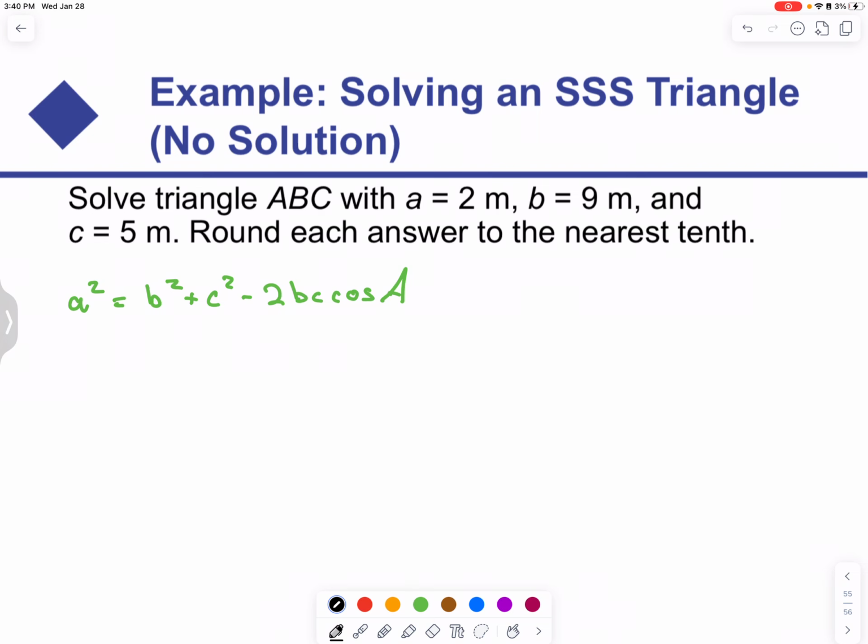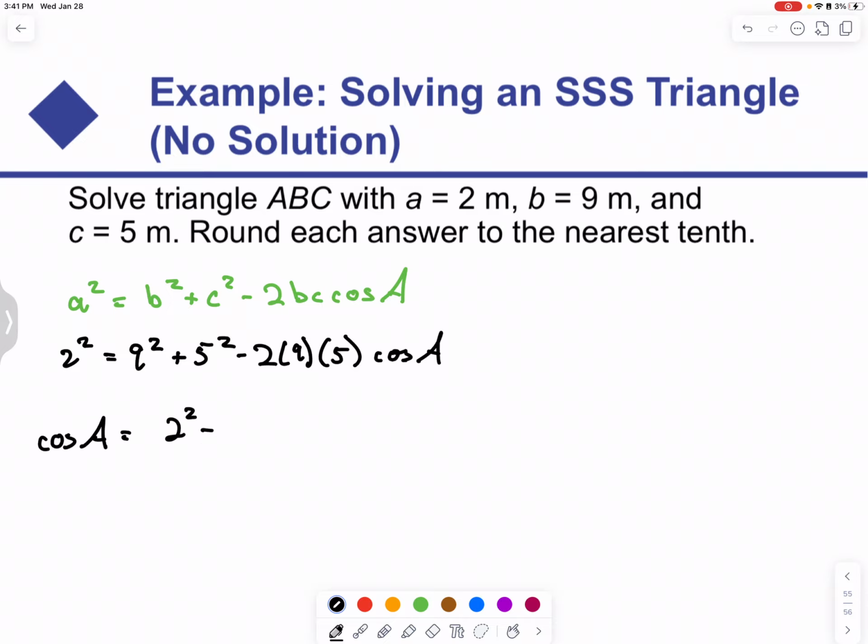So that would be: 2 squared equals 9 squared plus 5 squared minus 2 times 9 times 5 times the cosine of angle A. Then the cosine of A would be equal to 2 squared minus 9 squared minus 5 squared, divided by negative 2 times 9 times 5.